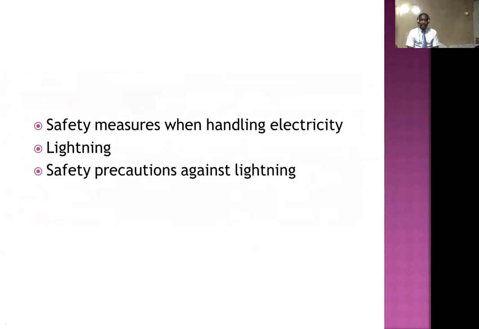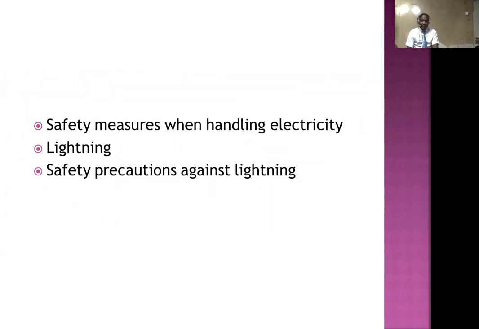Safety measures when handling electricity. Pupils, the following are safety measures that should be observed while handling electricity. One, do not touch electric switches with wet hands.